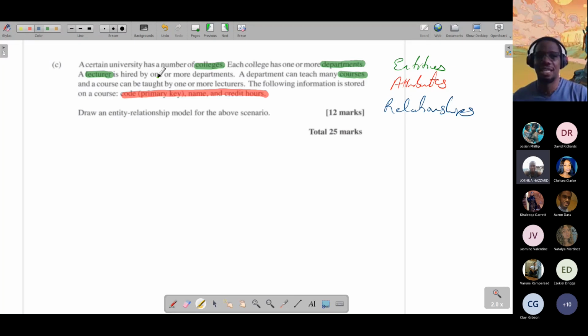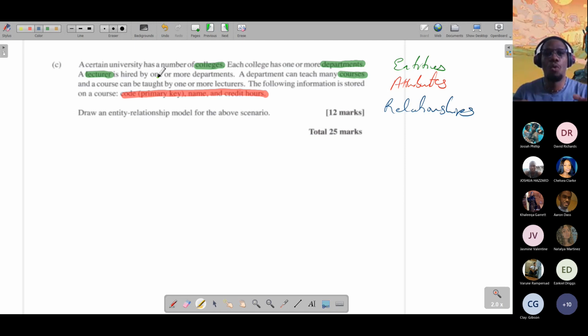Hazard, you're 100% correct. There is only one university in this scenario, and the university is keeping information about colleges, departments, lecturers, and courses. There's no need to keep information on the university because it is that overarching body.